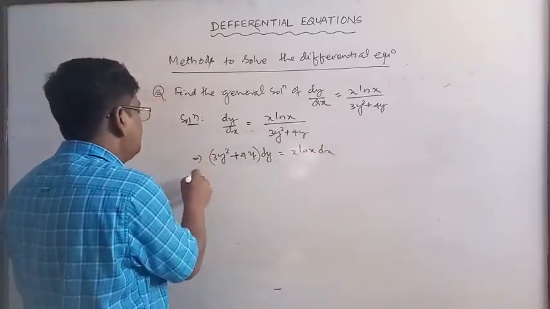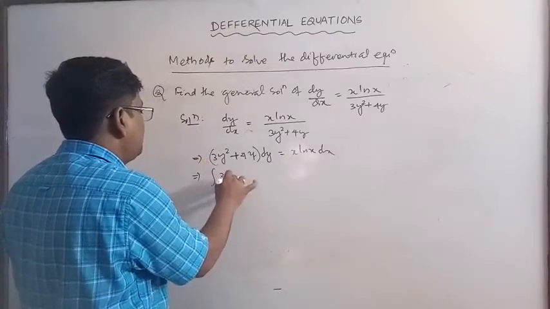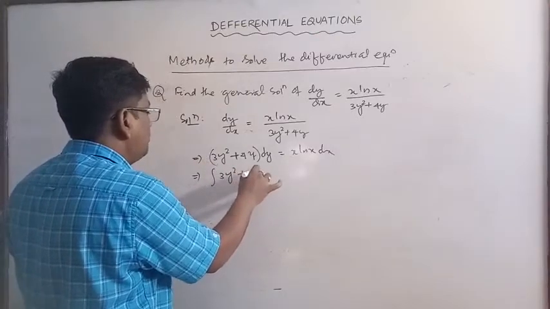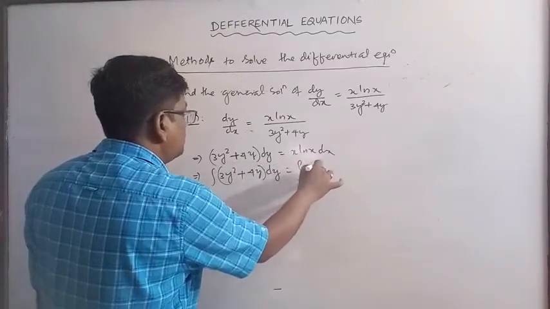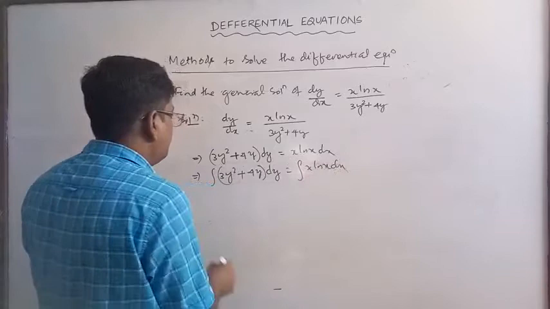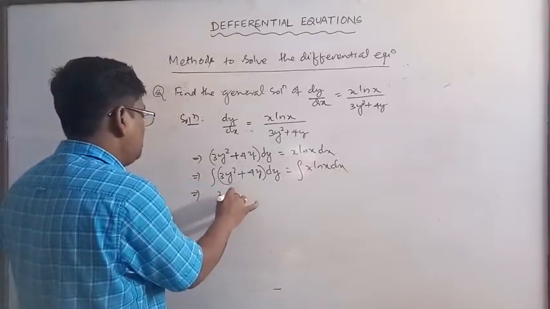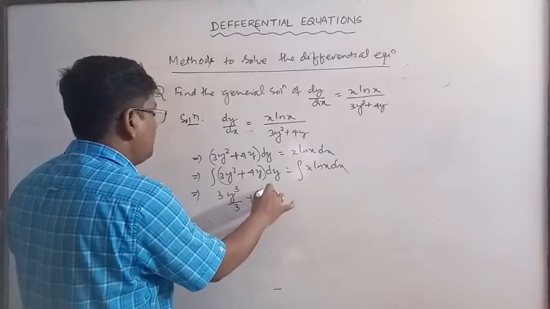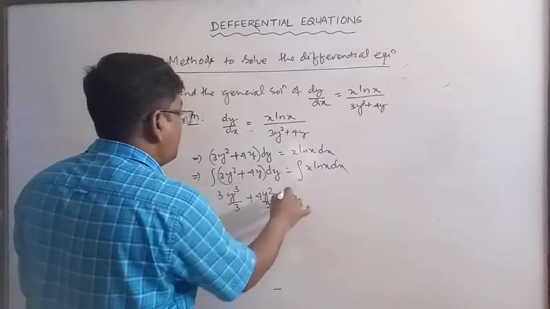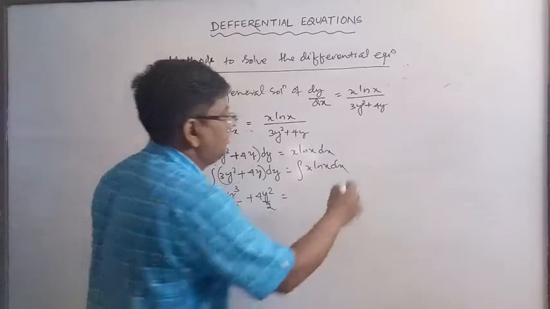Integrating both sides, this is equal to 3y cube by 3 plus 4y square by 2, and use ILATE.